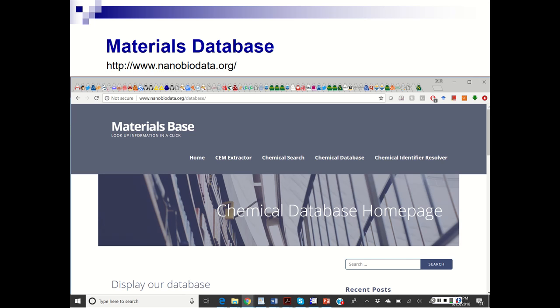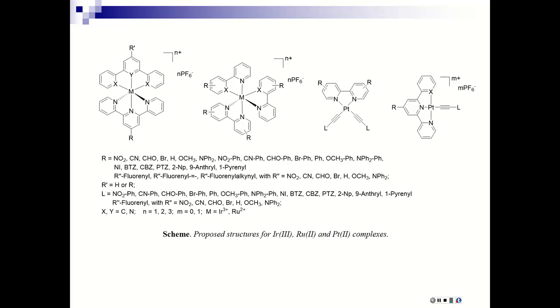Talking about extending the pi conjugation, there are two general ways. One way is we can introduce a pi conjugated substituent through a single bond or triple bond or double bond. Those will impact the excited state properties.